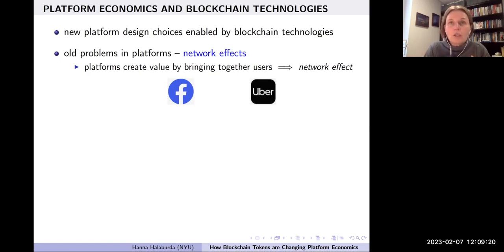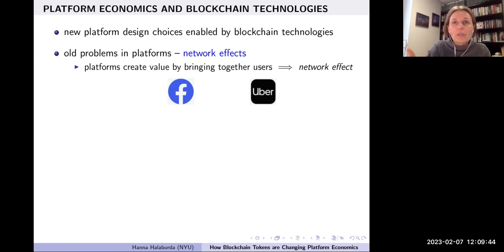So nobody really wants to be the first user on Facebook. Facebook is fun, but being a first user just really does not bring you any benefit. And if there's any cost of joining and learning the software and the platform, then it's really not much to do. Nobody wants to be the first passenger if there are no drivers.